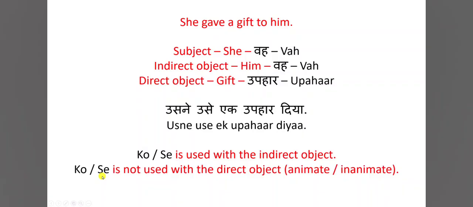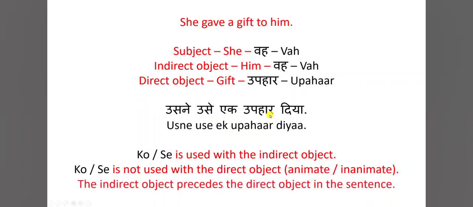Ko or say is not used with the direct object, whether animate or inanimate. Direct object is gift, upahar. We should not use ko or say with this. So here we have not used ko or say with upahar. Okay? The indirect object precedes the direct object in the sentence.